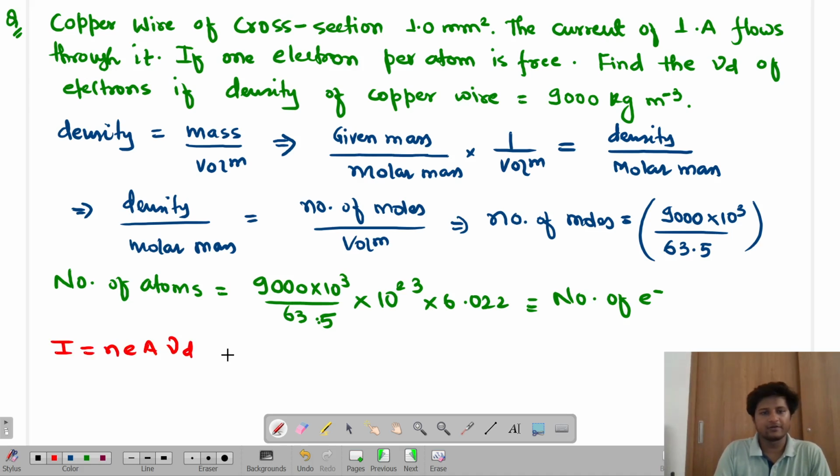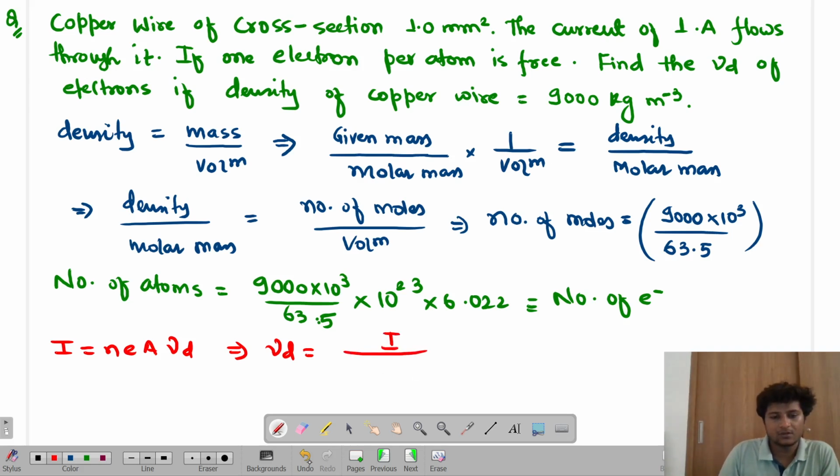What did we have to find? Drift velocity, right? So drift velocity is equal to I by NEA. So you can do it, isn't it? Number of moles, I'm defining this, okay, let us define.